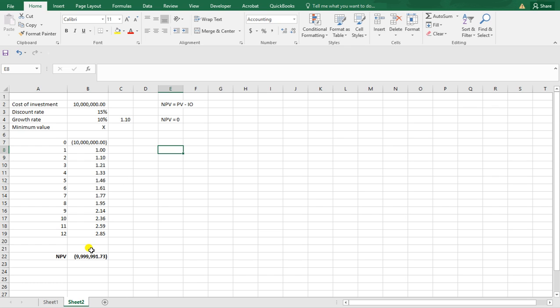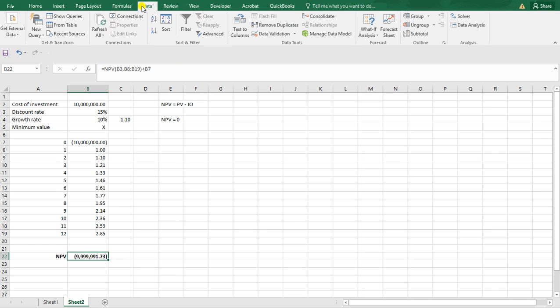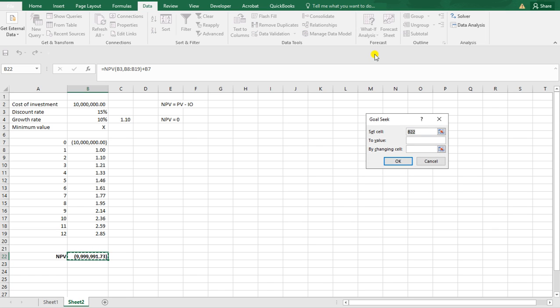In this case, of course, I'll come to my data ribbon, what-if analysis. Recall, goal seek. So at this point, I need to set my NPV, this cell that we've calculated, to be equal to 0. By changing which cell? By changing the cash flow of year 1.